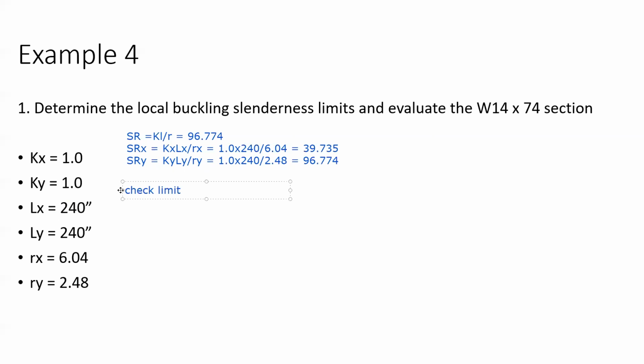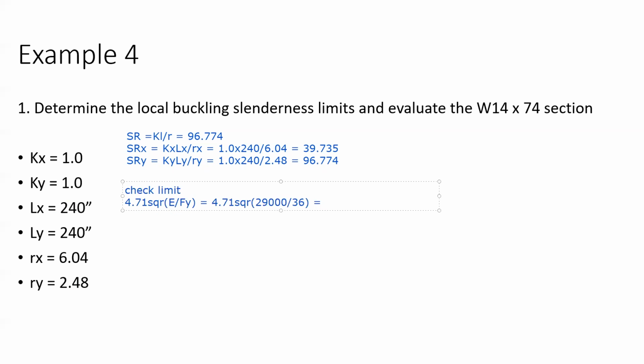So, i-compare natin to sa 4.71 square root of E over Fy. Yung katulad ng ginawa natin kanina, that's simply 4.71 times the square root of E natin, 29,000 since naka-KSI tayo, divided by A36, so this is 36 KSI.